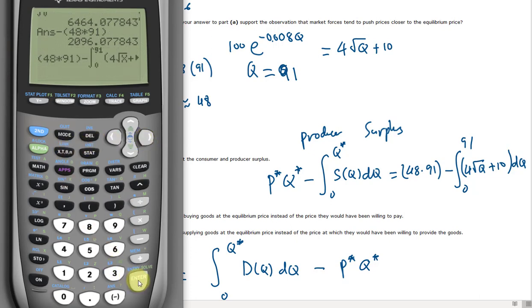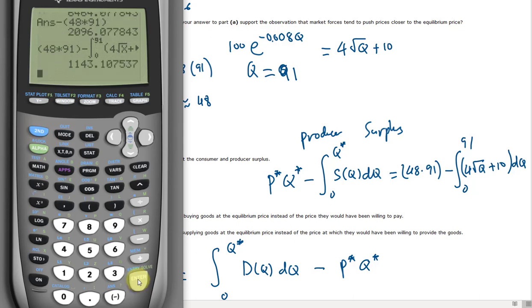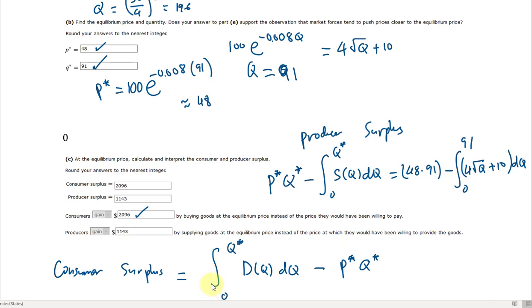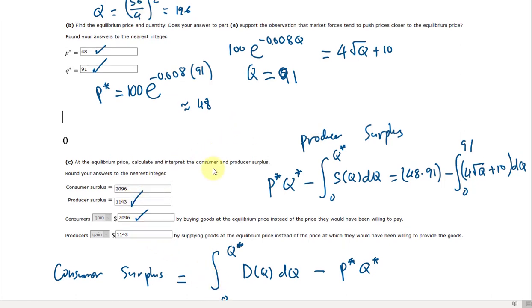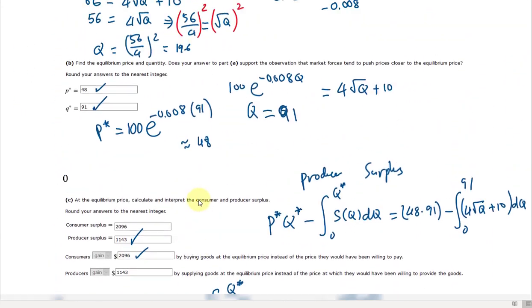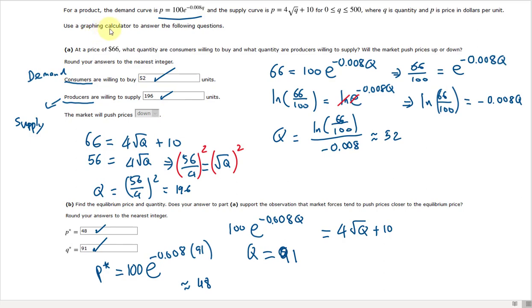Enter. So $1,143, which is correct here. Okay. So that is how we solve the consumer and producer surplus problem. This is a long problem, and we need to use a graphing calculator.